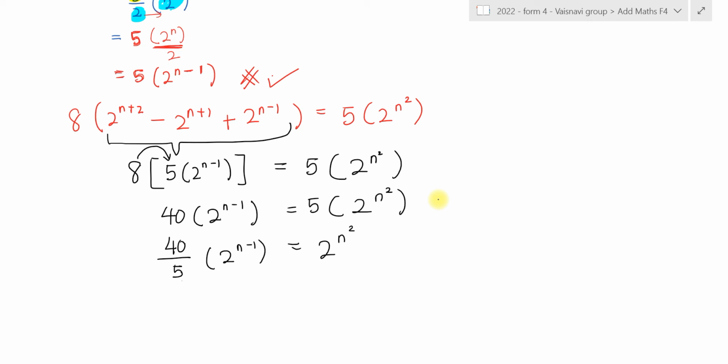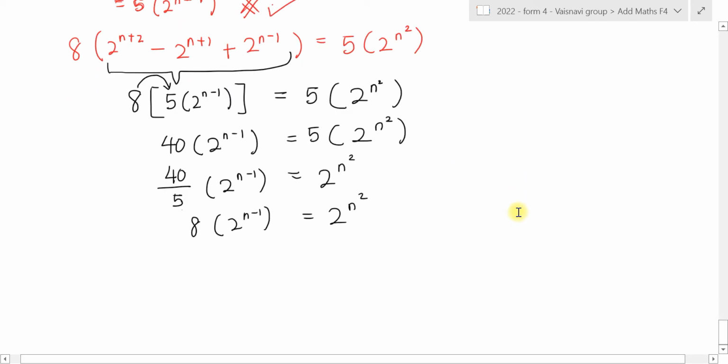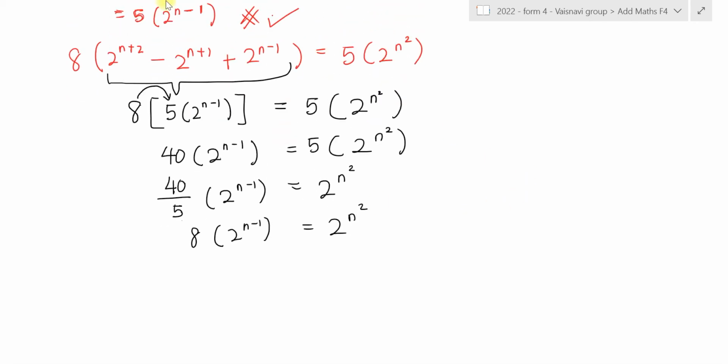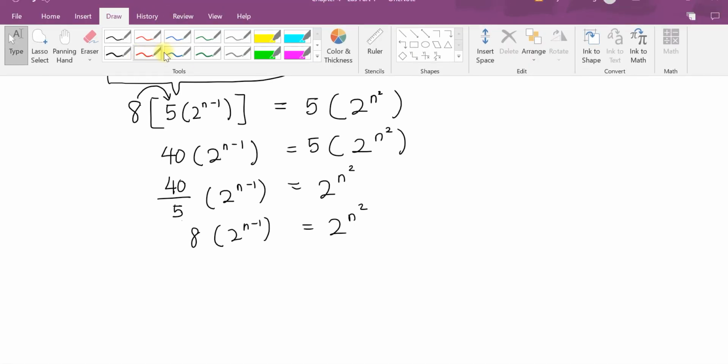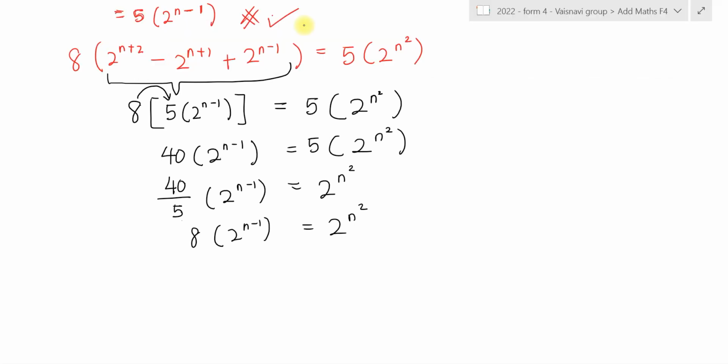So 40 divide 5 is 8, 2n minus 1, 2n power 2. Like this, you need to think: 8 also you can express in terms of base 2. That is 2 power 3. Remember that. And then 2n minus 1 equal to 2n power 2.